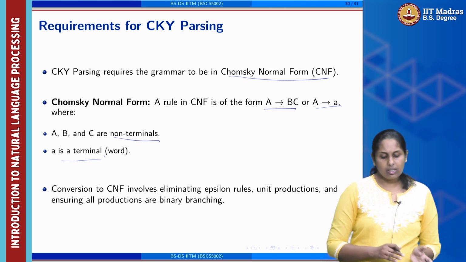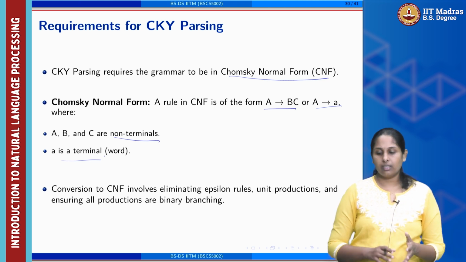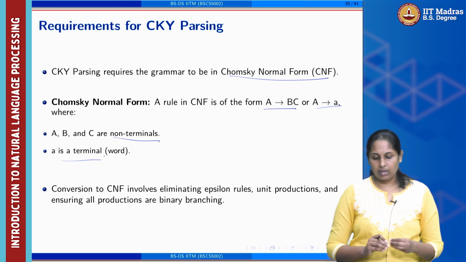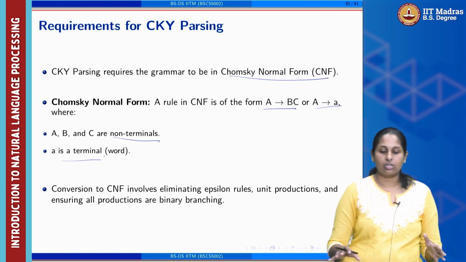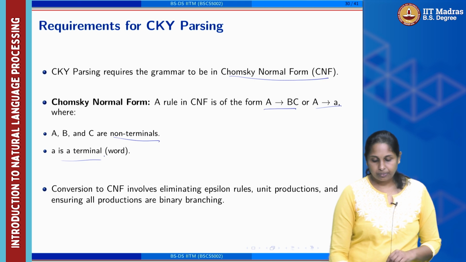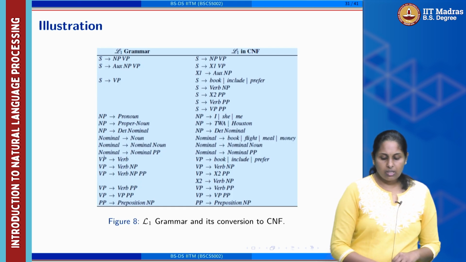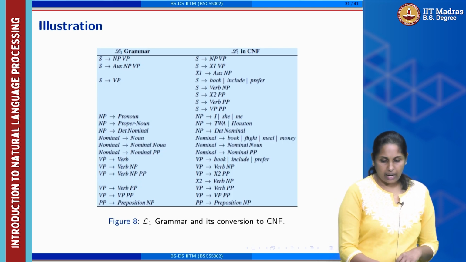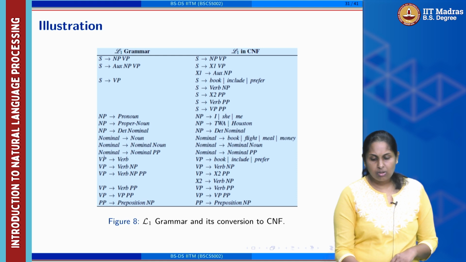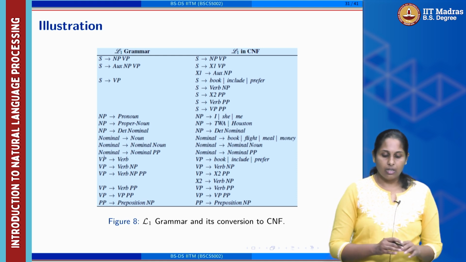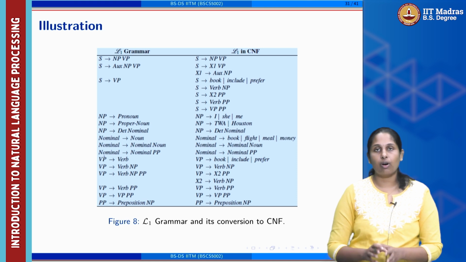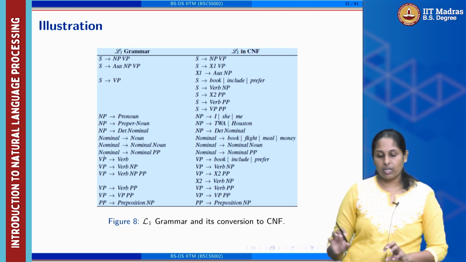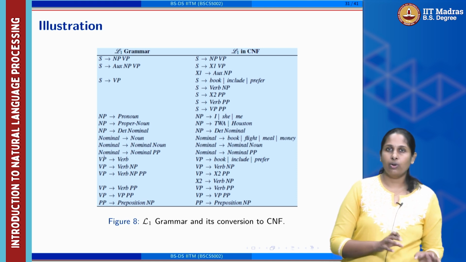Now we can convert a grammar into CNF by eliminating epsilon rules or unit productions and ensuring that all productions are binary branching. Now this is the illustration of the L1 grammar and its conversion to CNF format. So CNF format always gives you a very neat format with binary branching from one node to another node.